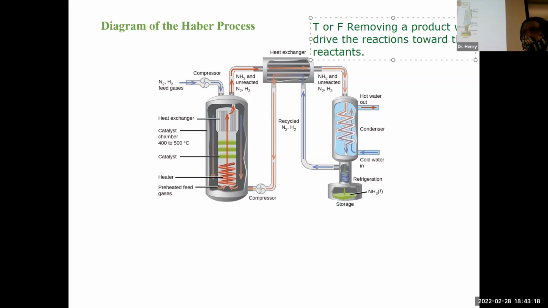Okay, true or false? Removing a product will drive the reaction towards the reactants.